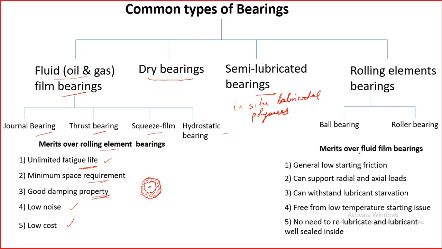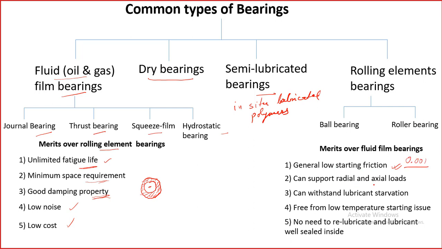Merits of rolling element bearings over fluid film bearings: generally low starting friction. This is the most important part of rolling element bearings. For fluid film bearings, the starting friction can be very high, in the range of 0.2, but here it will start with a very low coefficient of friction, like 0.001.